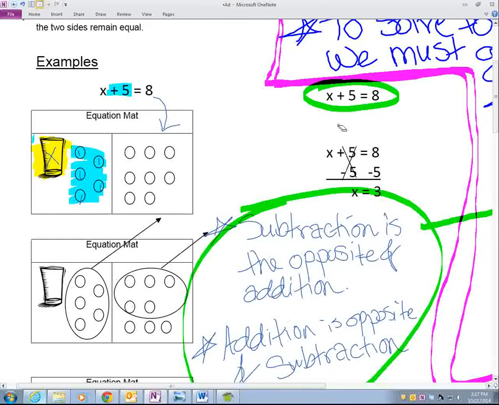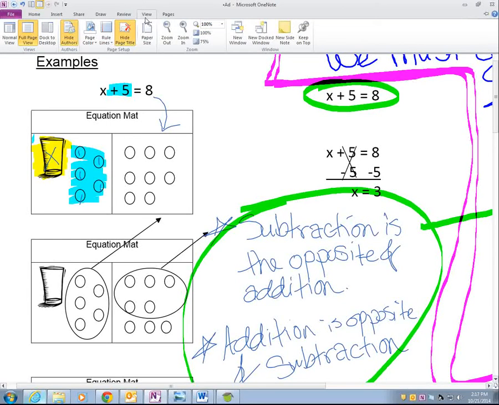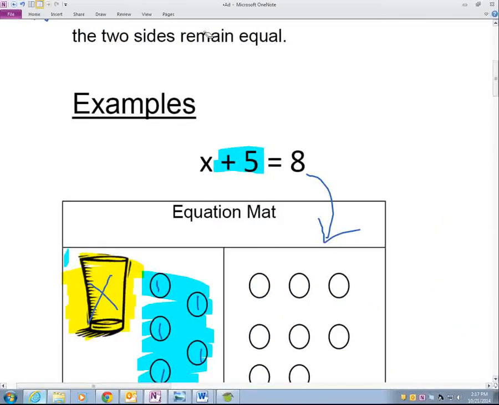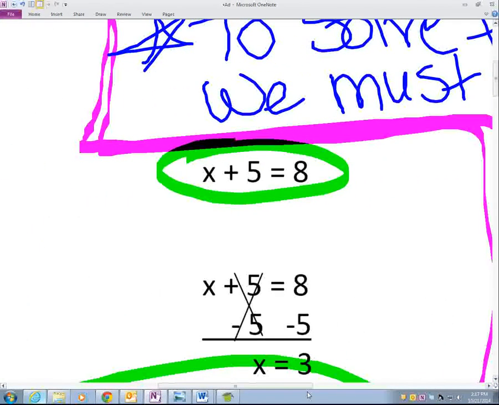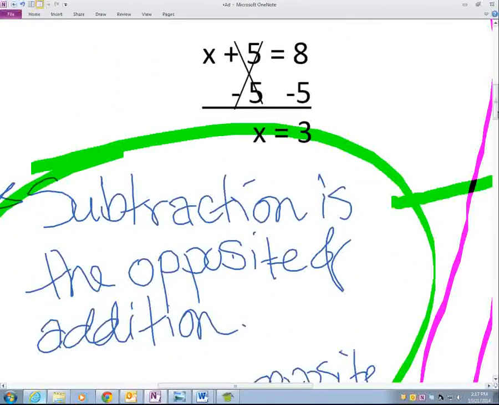Yes, Dana? Minus 5. So x plus 5 is here. In order to make the plus 5 go away, we subtract 5.